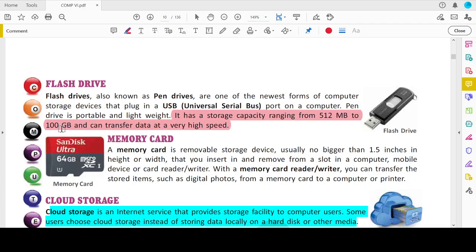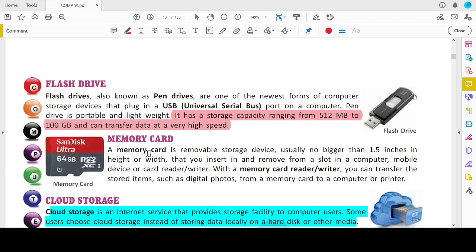No. You will need two or three trucks to carry the physical form of documents. But you can carry a pen drive within your pocket. So that is so powerful, right? It is referred to as a flash drive or pen drive and is used with a universal serial bus on a computer.